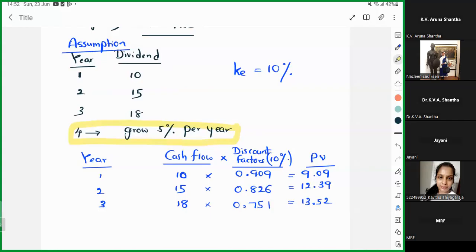Then you can take the present value of the dividend from the fourth year onwards by applying the growth model. But you are getting the value not now. You are getting the value at the end of the third year.